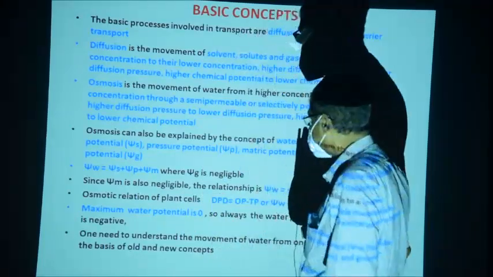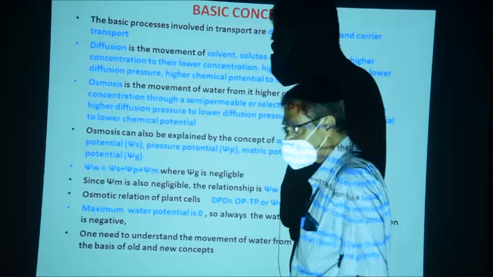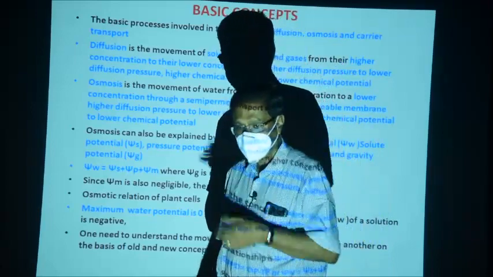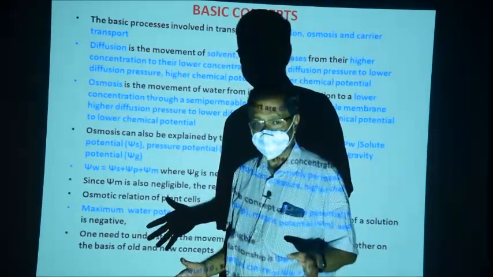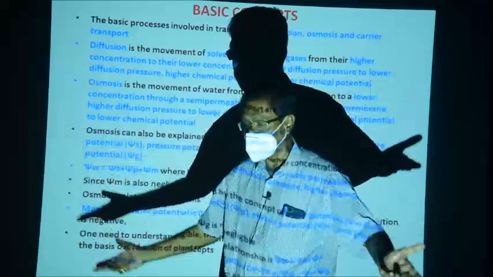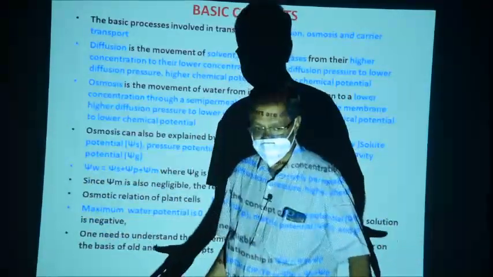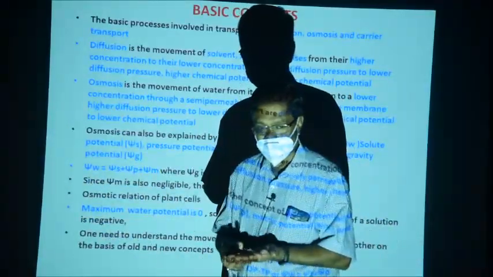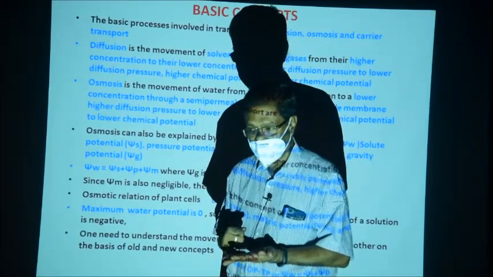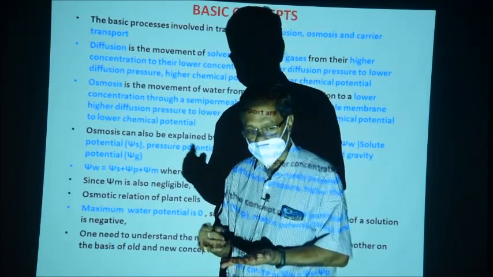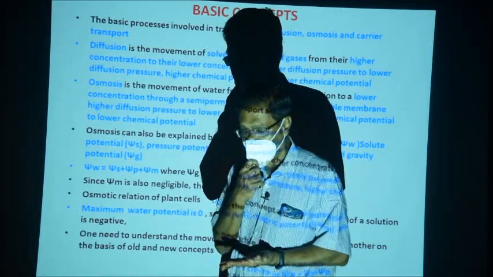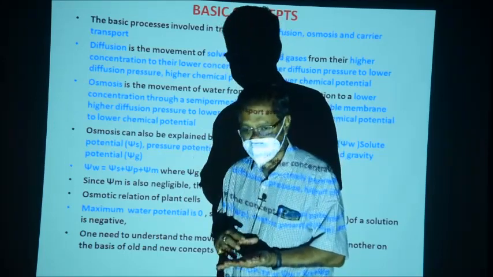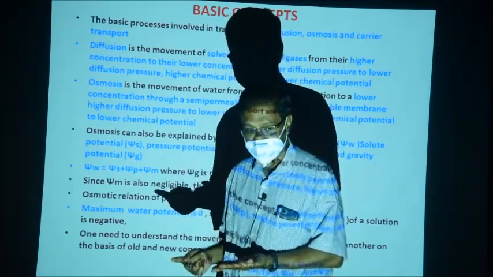Now, what is osmosis then? In diffusion, we don't have a membrane. It moves from one place to another. It is free movement. Higher diffusion pressure to lower diffusion pressure, higher chemical potential to lower chemical potential, higher concentration of the substance which diffuses to lower concentration.